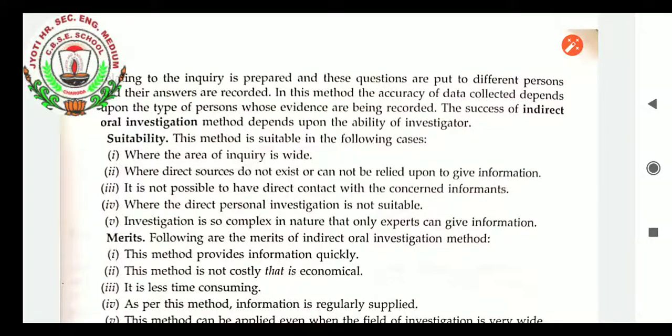Where direct sources do not exist or cannot be relied upon to give information, it is not possible to have direct contact with the concerned informants. Where direct person investigation is not suitable, or the investigation is so complex in nature that only experts can give information, at that time we can use this method. But if we want to be accurate, we must have direct person investigation only.